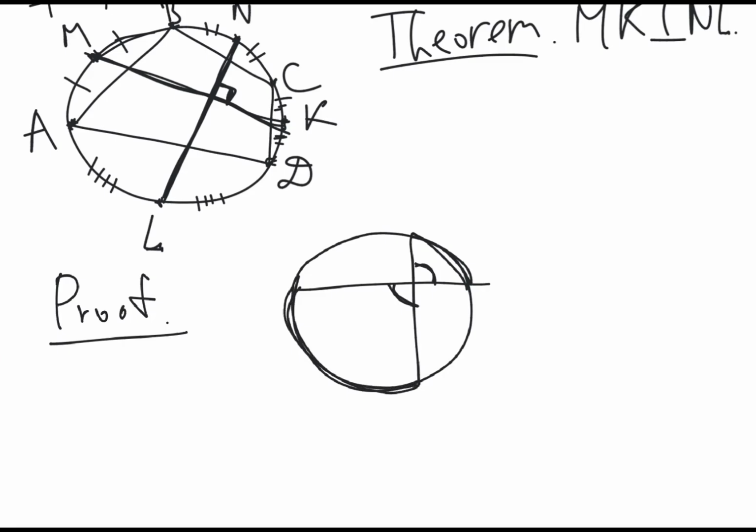So let's say this arc is alpha and this arc is beta, then this angle, if we denote it by gamma, would be 1/2 of alpha plus beta. So this is a theorem, like I proved it in a separate video. So that's what we are going to use.